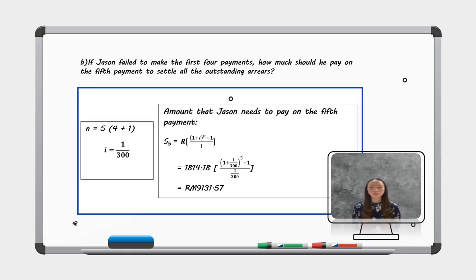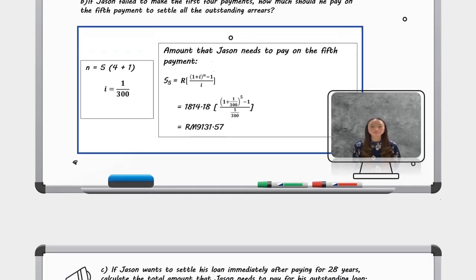S5 equals 1,840 ringgit and 18 cents, open bracket, open another bracket, 1 plus 1 over 300, close the bracket, power 5, minus 1, over 1 over 300, close the bracket. So, the final answer is 9,131 ringgit and 57 cents.